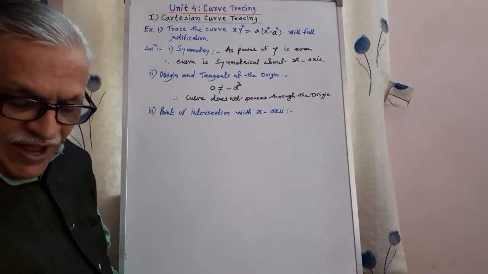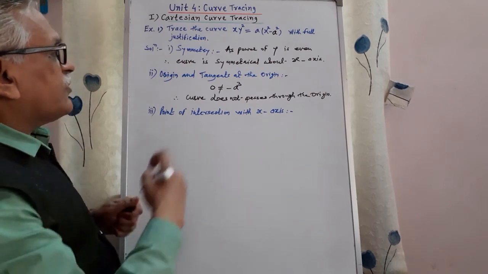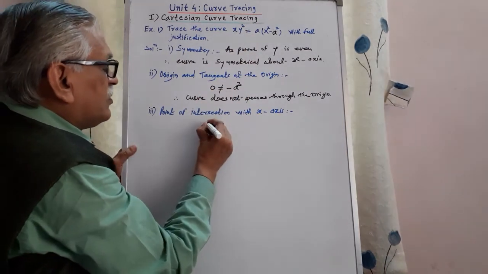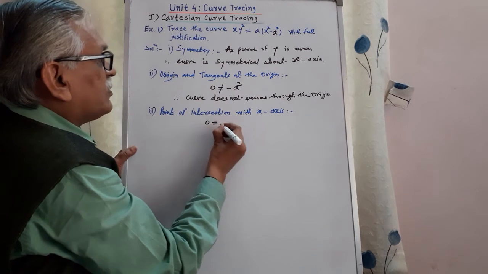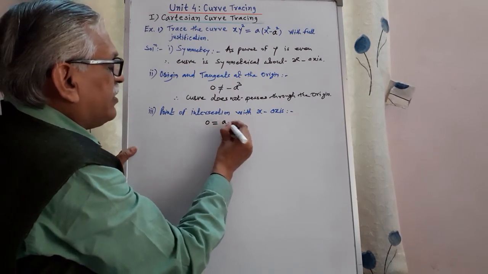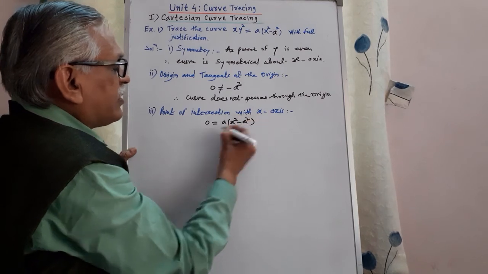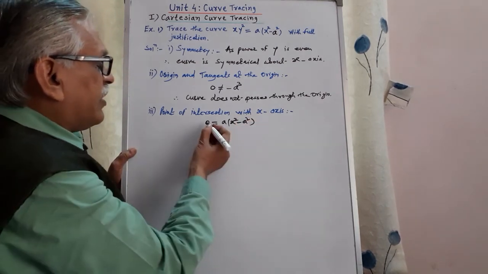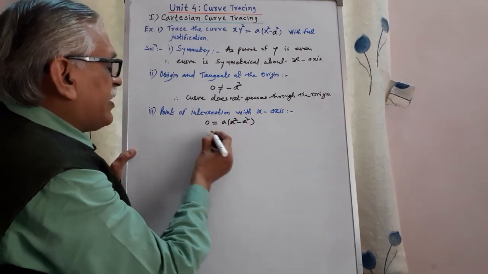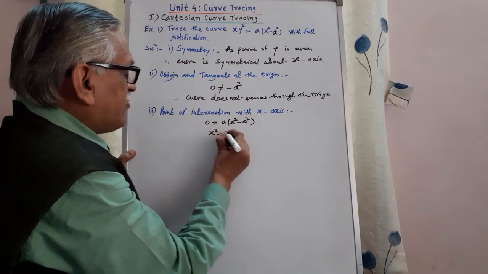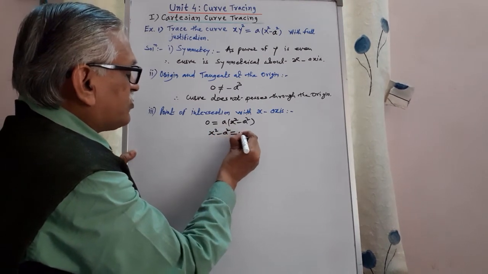For that, put y is equals to 0. Therefore, if we put y equals to 0, left hand side is 0, right hand side is a into x square minus a square, and that is equals to 0. Dividing by a, we get x square minus a square is equals to 0.